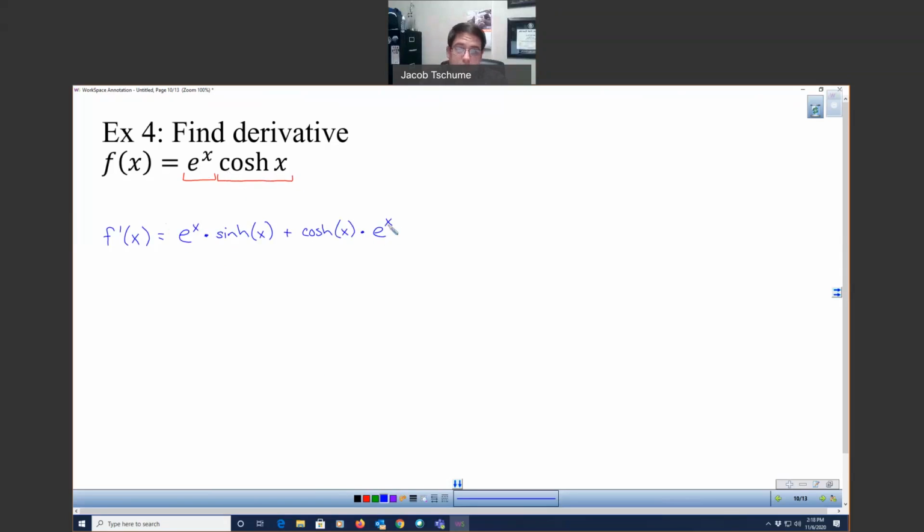Now, normally in product rule, it wouldn't be a lot of work here, but this actually simplifies a little bit further. What I notice here is that both of these terms share an e to the x in common. So if I factor an e to the x out of both terms, I am left with the hyperbolic sine of x plus the hyperbolic cosine of x inside the parentheses.